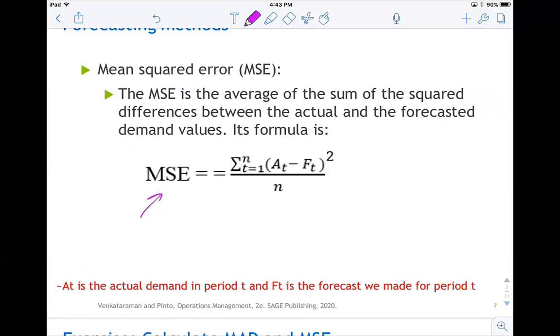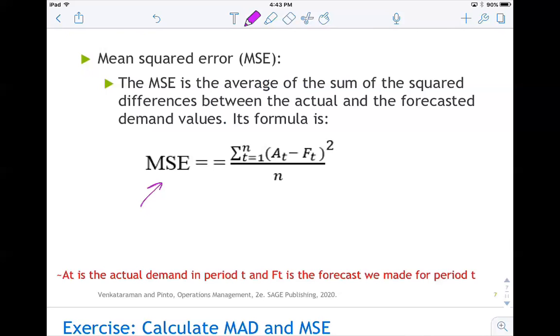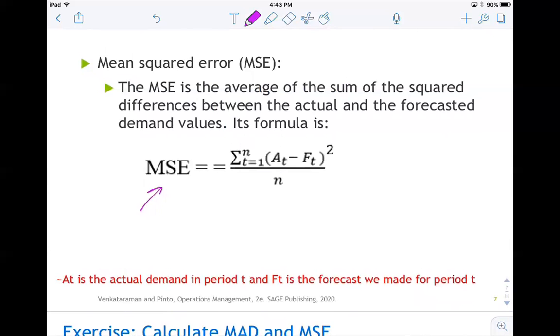If you compare one method's mean square error value to another method's mean absolute deviation value, that's not going to be fair. So if you are trying to make a judgment between two or more forecasting algorithms or methodologies, you should be comparing their respective errors, either MAD to MAD or MSE to MSE, or both, right?